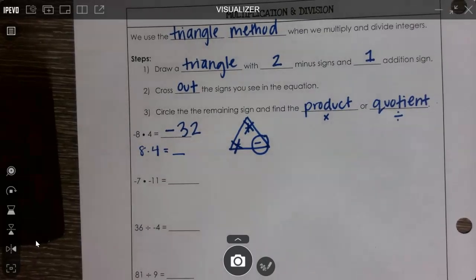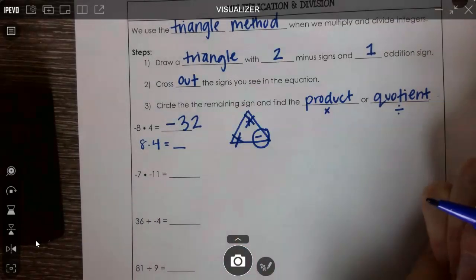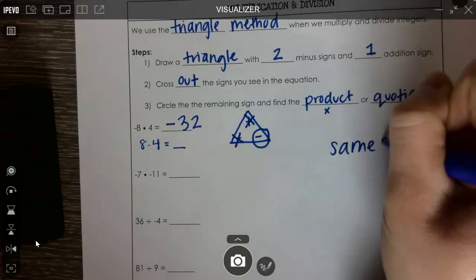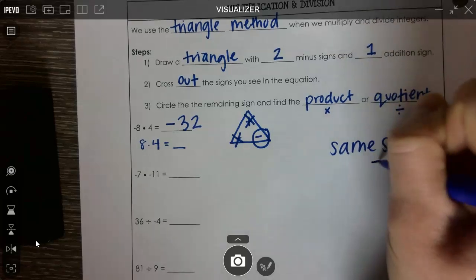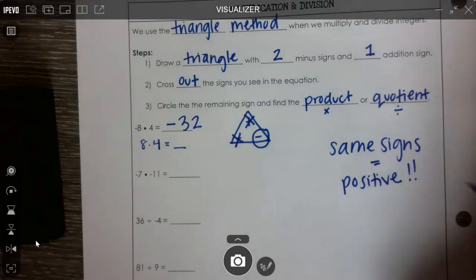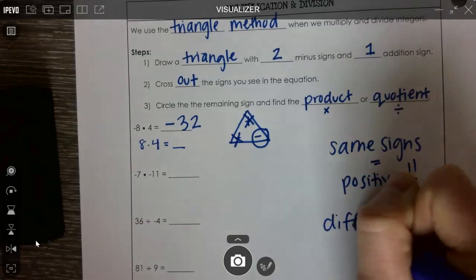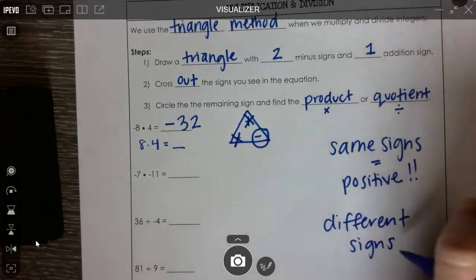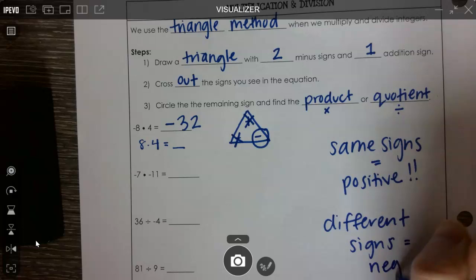Okay. Next one. Negative 7 times negative 11. All right, well, I also know same signs equal positive answer. I also know that different signs equal negative answers.